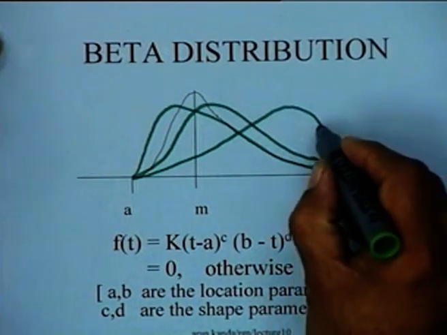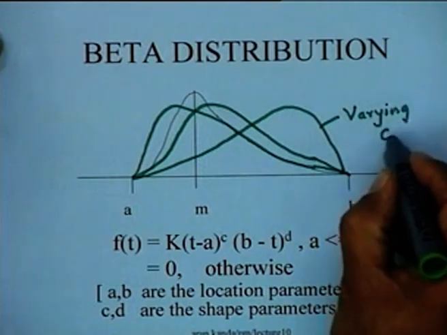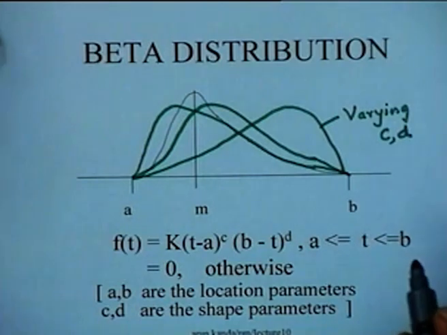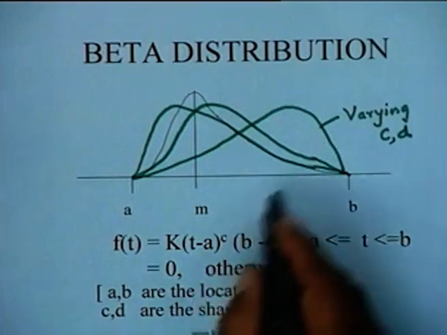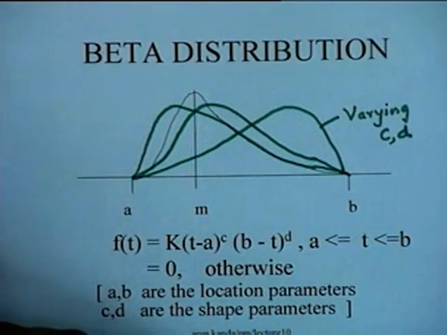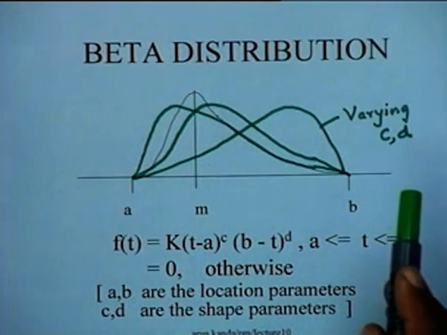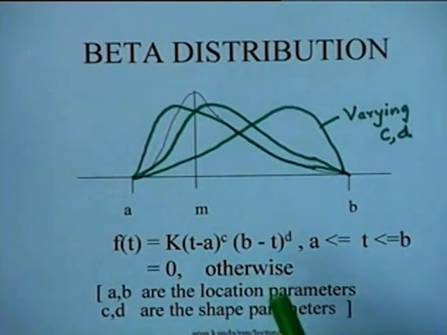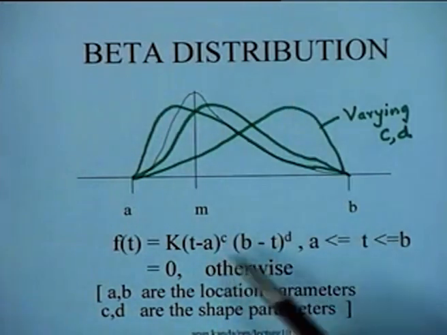So by varying the values of c and d, which are the two shape parameters for this particular problem, we can vary the shape of the distribution, and by choosing a and b, we can identify the location of the distribution on the entire time axis. So that's why a and b are called the location parameters and c and d are called the shape parameters. You would see very easily from this example that the beta distribution is in fact a 4-parameter distribution.